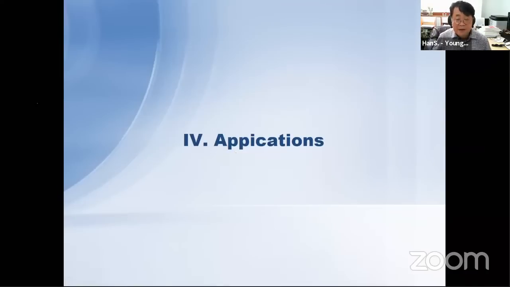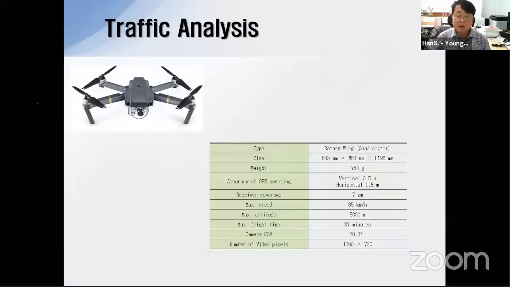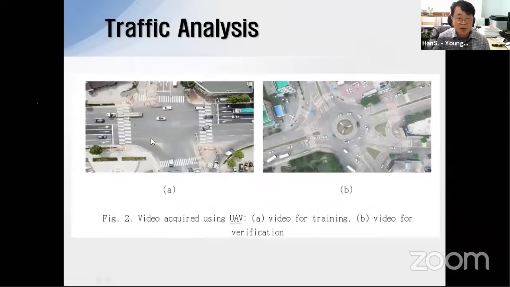In the last part, I introduce applications of object detection using deep learning. That is the current project. First one is traffic analysis using drones. We captured and acquired images of an intersection of a road in Korea, acquired by a drone from the sky above.